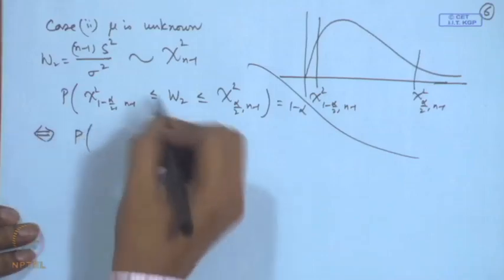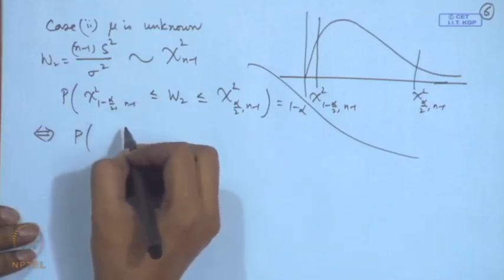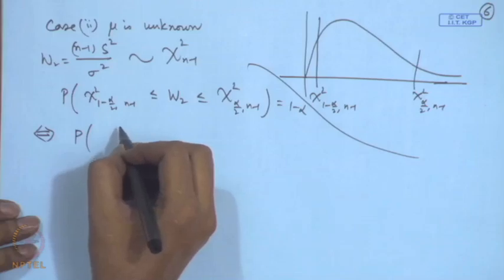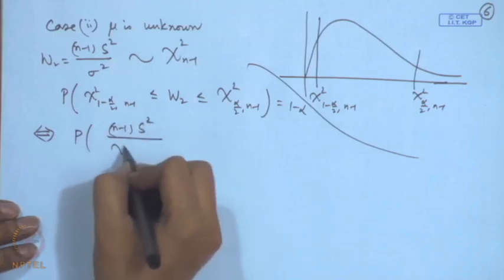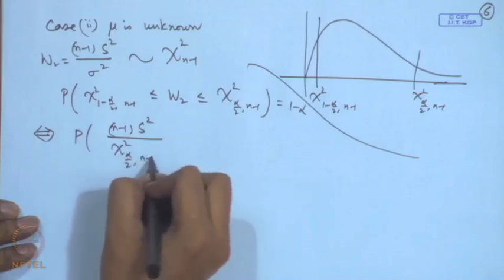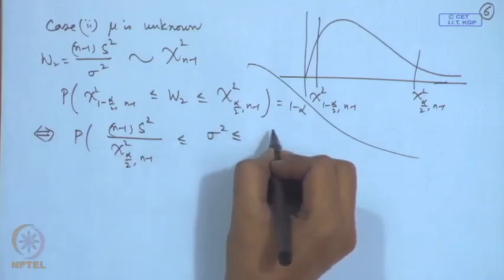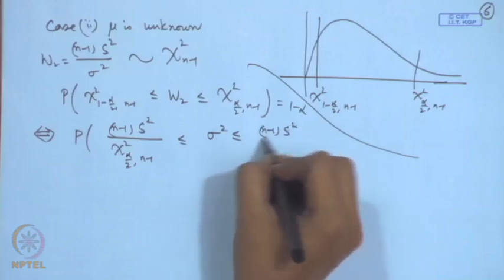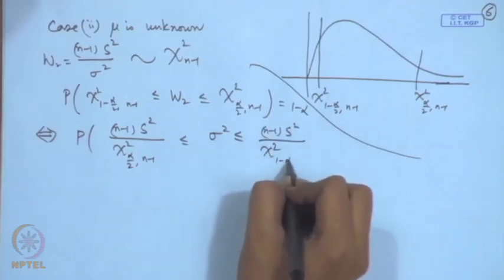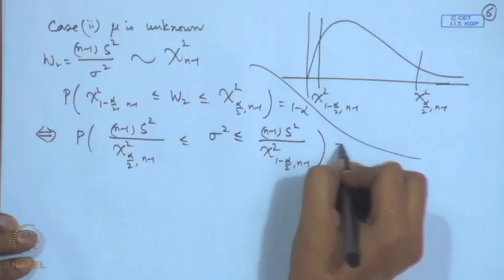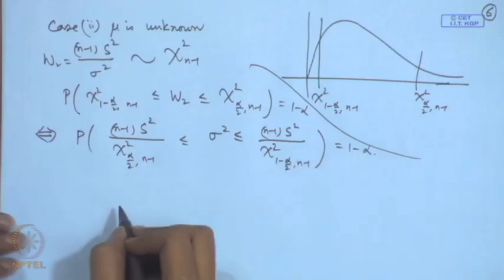As before, if we simplify, we get the statement as (n minus 1) s square by chi square alpha by 2 n minus 1 less than or equal to sigma square less than or equal to (n minus 1) s square by chi square 1 minus alpha by 2 n minus 1, that is equal to 1 minus alpha.